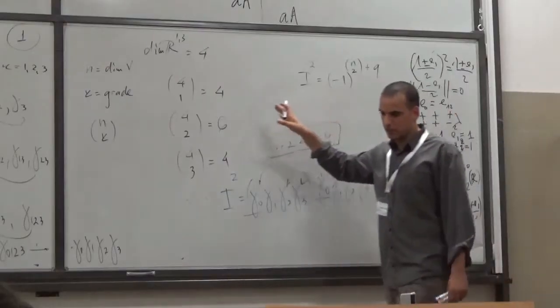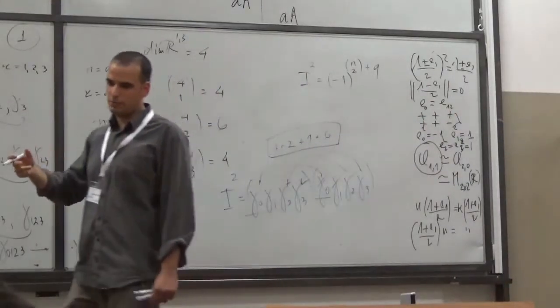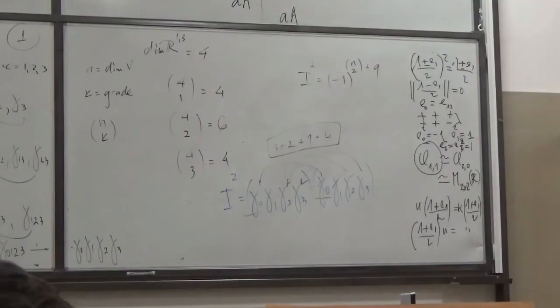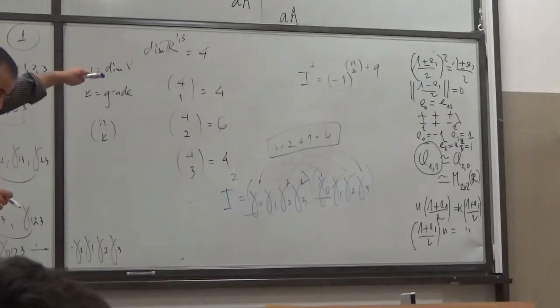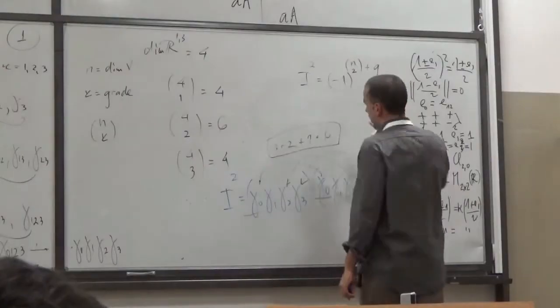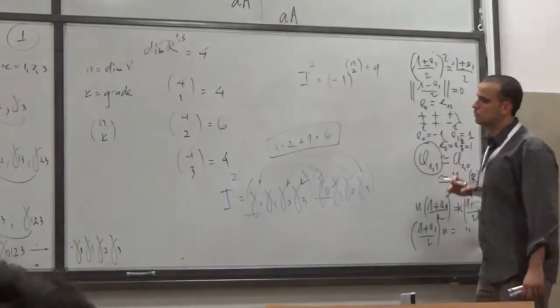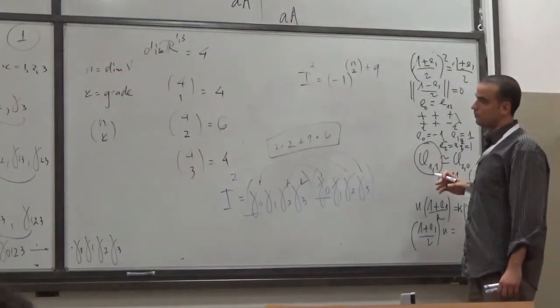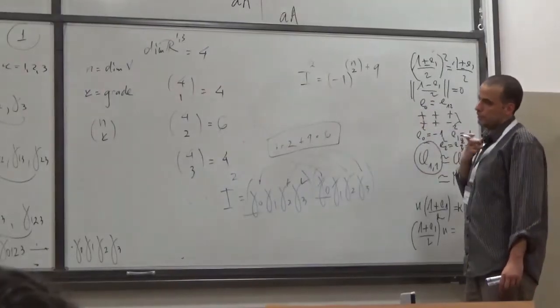We will see shortly the same formula in relation to the so-called Hodge duality, which turns out to be equivalent, modulo sign, to multiplication with the pseudoscalar.